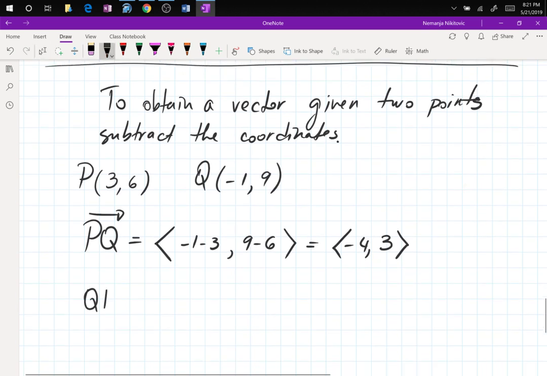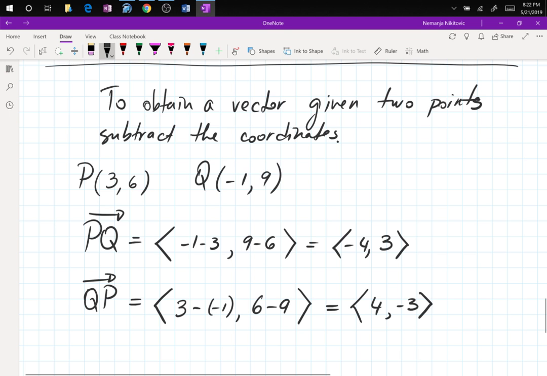If I want a QP vector, then we're going to have 3 minus -1, comma 6 minus 9. And that is going to give us 4, -3. Of course you are expecting the same vector in the opposite direction, because it's either P minus Q or Q minus P, depending on which way you want to look at this.